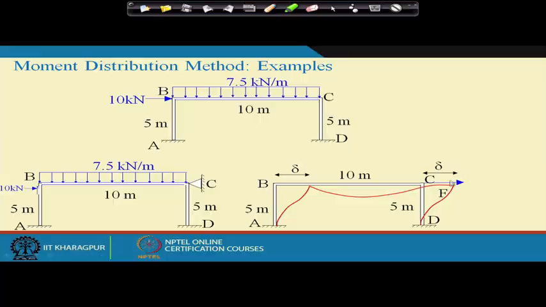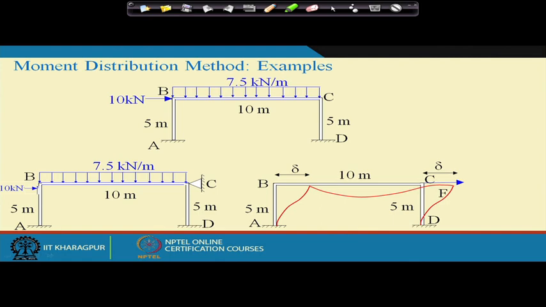Okay. Now we calculate this force. Now we compare this force with the reaction that we get from Cx. Okay. And from this comparison we will determine the final moments, the final internal forces in the members. Well, let us demonstrate that first.